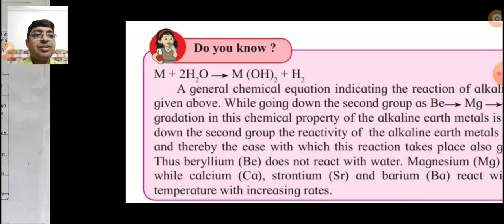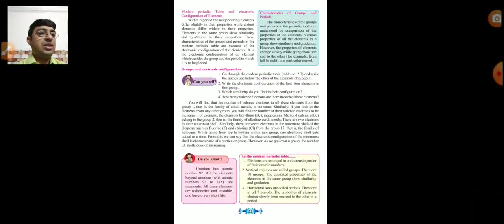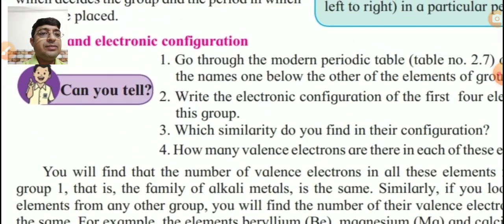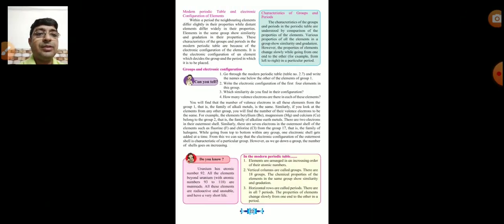What is the first question given? Check now. First question: write the names one below the other of the elements of group 1. So those elements are given there. Now write the electronic configuration of the first 4 elements in this group.